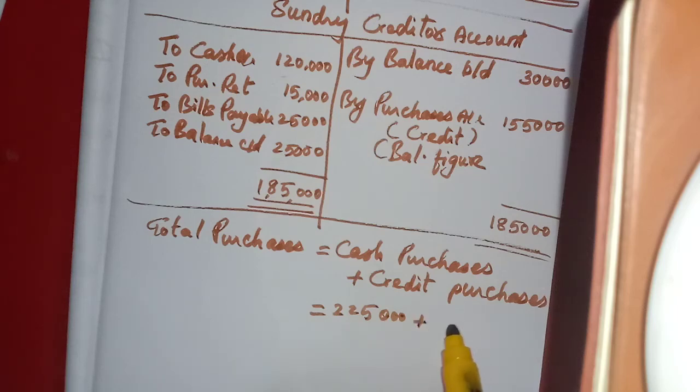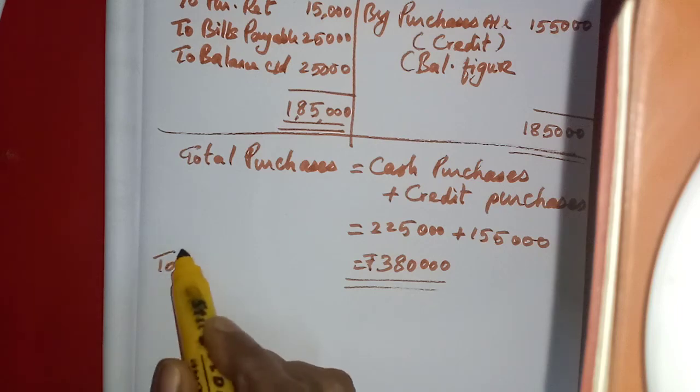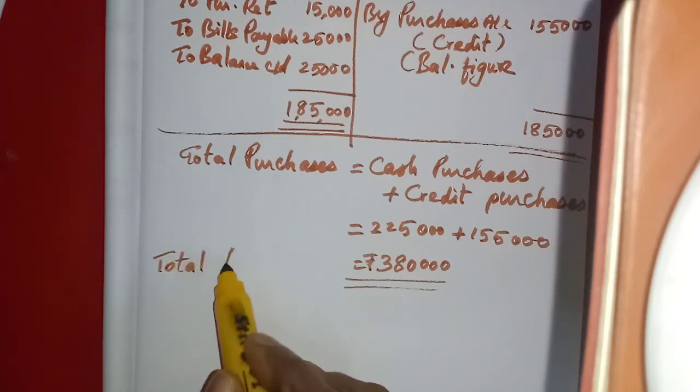Credit 1,55,000. So how much you will get? 5, 5, 10, balance 1, 6 plus 2, 8, 2 plus 1, 3. So 3,80,000 rupees. This is the answer. You can write once again, total purchases.